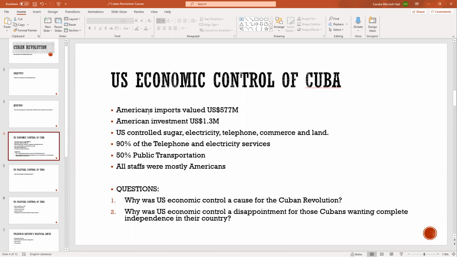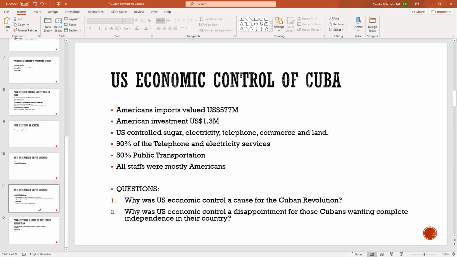The United States would have controlled the sugar industry, electricity company, the telephone company, commerce, land. 90% of the telephone and electricity company were actually owned by the United States. 50% of the public transportation sector was owned by the United States, and most of the staff who work in these industries were American. That is the evidence.